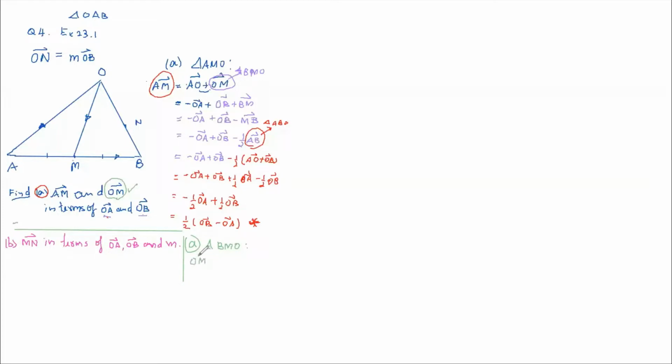This triangle BMO. Then start from O. Try to get OM, vector OM. So you start from O. BMO, so this triangle. So OB plus BM. So we have OB plus BM.